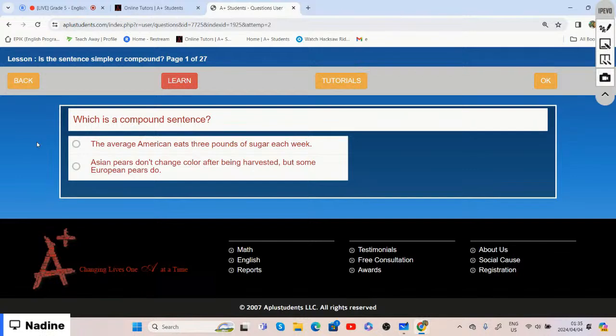Is it the first option or the second one? You remember we said a compound sentence is basically two simple sentences joined by a coordinating conjunction, so a comma and the coordinating conjunction, either and, but, or so.